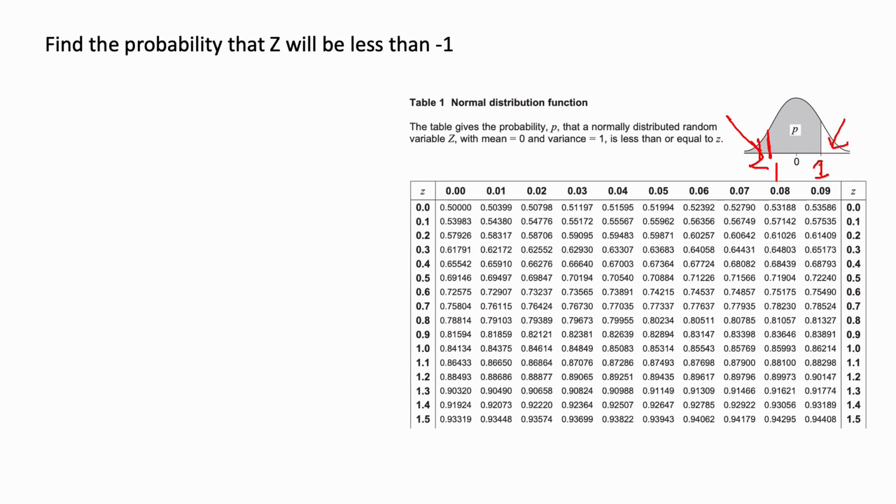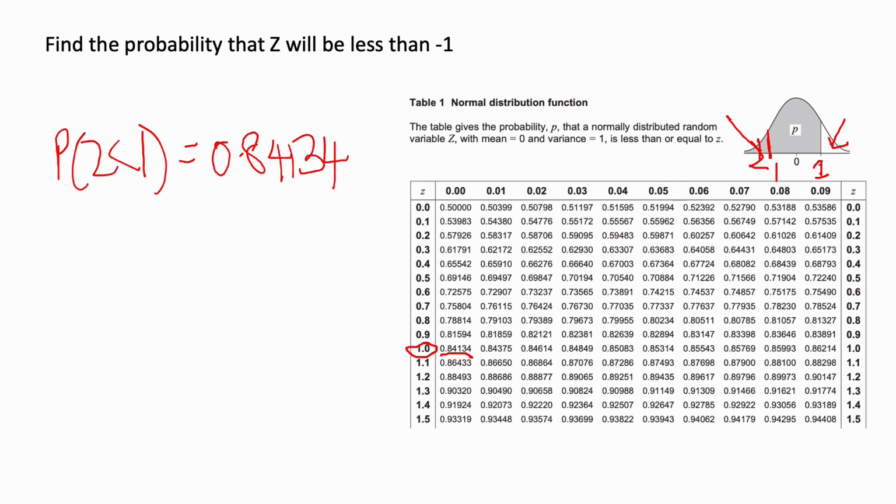So actually, if we just work out the probability that Z is less than 1, which is here, and this value here, so the probability that Z is less than 1 is 0.84134.